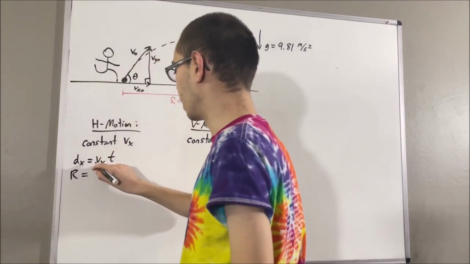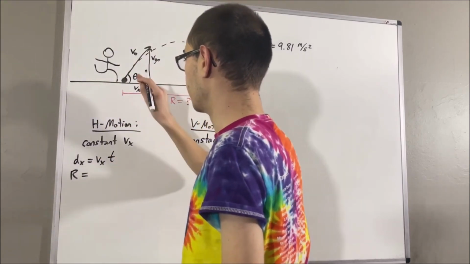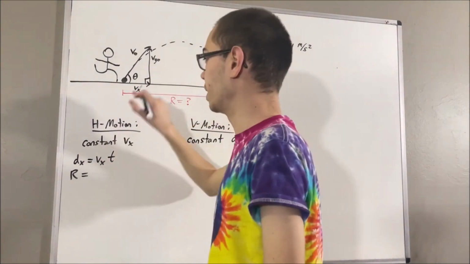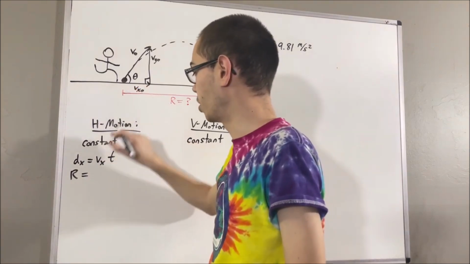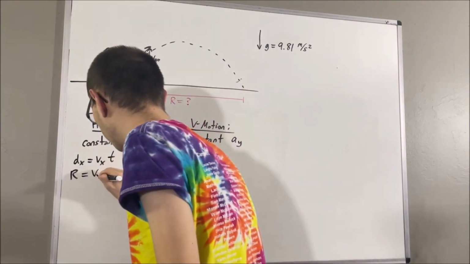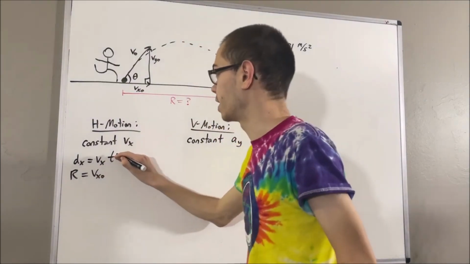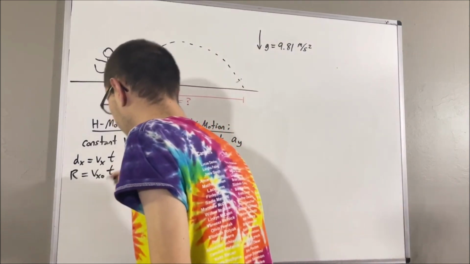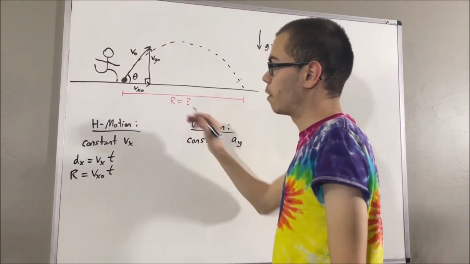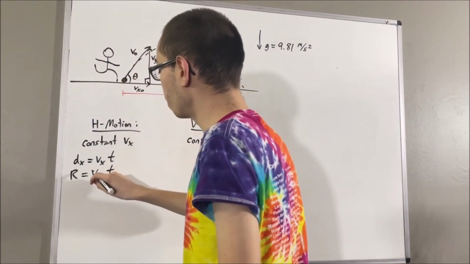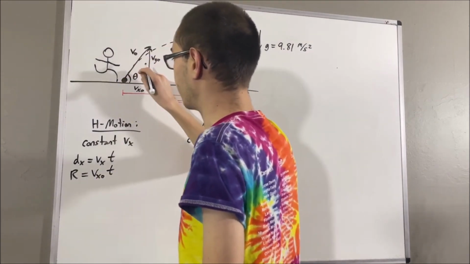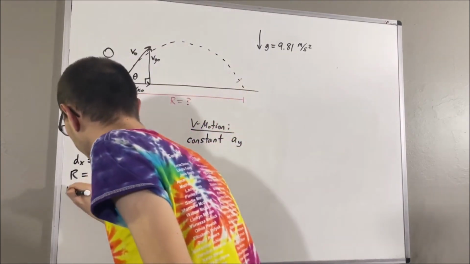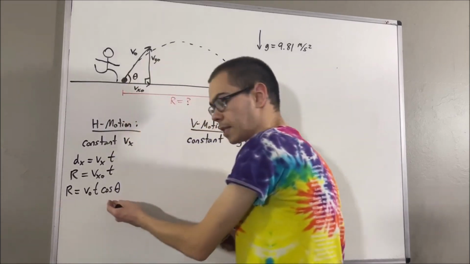The horizontal velocity of the ball is constant, so it must be equal to the initial horizontal velocity. So we can replace Vx with Vx0, and t is just the time it takes for the ball to go from here to here. I'll just call that t for now. Now, if we use trigonometry, we can solve for Vx0 in terms of V0 and theta. We have Vx0 equal to V0 cosine theta. And so this is what we get.